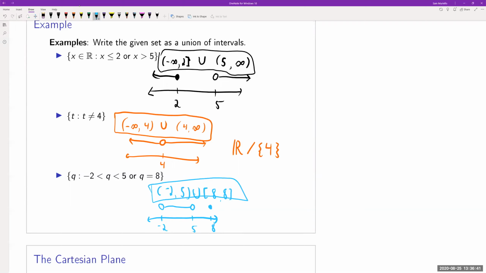So what I would usually write for myself is I would write -2 to 5 union with, now we want to union with just the point 8, but whenever you use union, union is a tool that combines 2 sets together. So what we should do here is we should put 8 as a set.